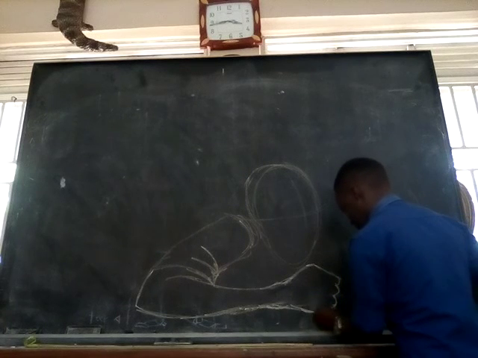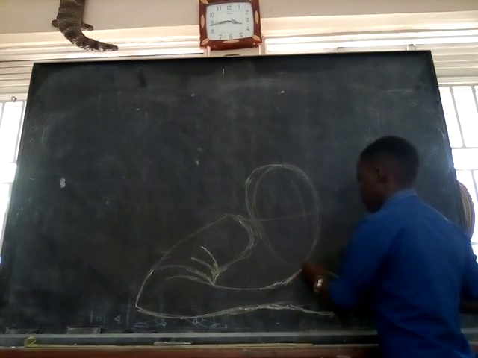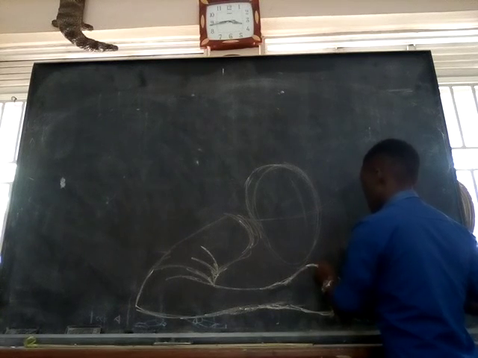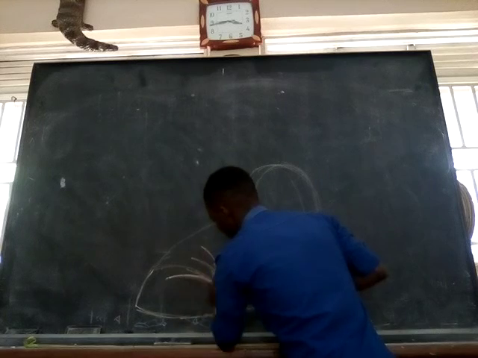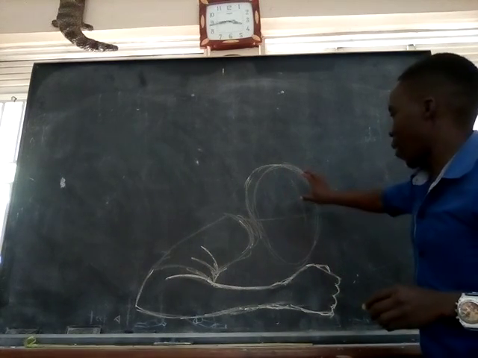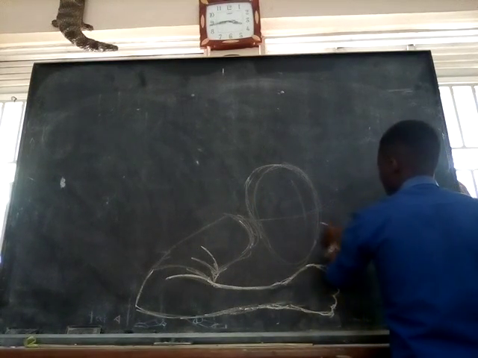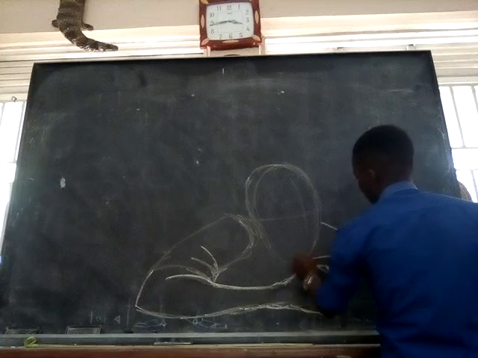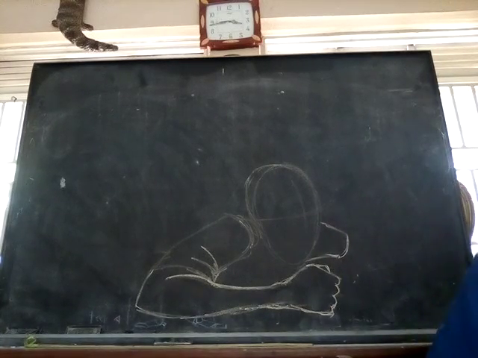So I have this as part of my palm. Then the thumb is somewhere there. We shall see that this is the hand. It is big. Then when I go to the other side, where there is another hand, I will try to reduce the size because of the change in distance. I have this other hand.